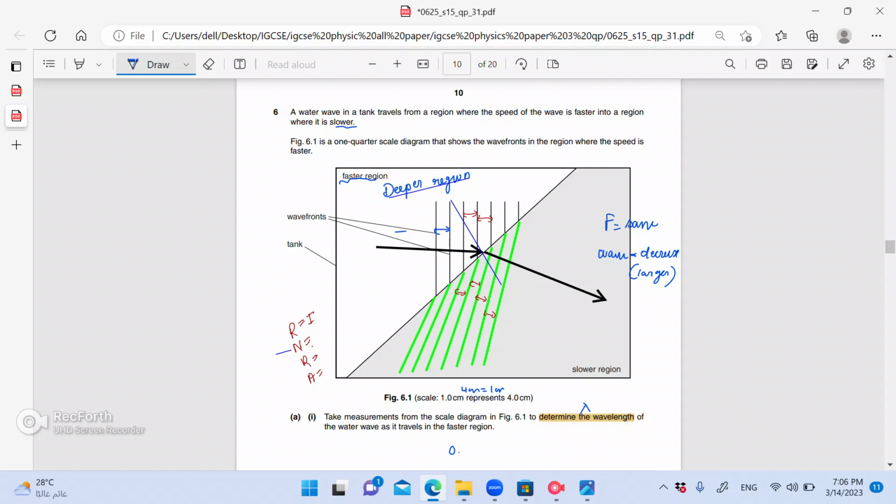See this one, they are saying only the speed is faster. So, where is the speed faster? The speed is faster in deep water, in the deep region.